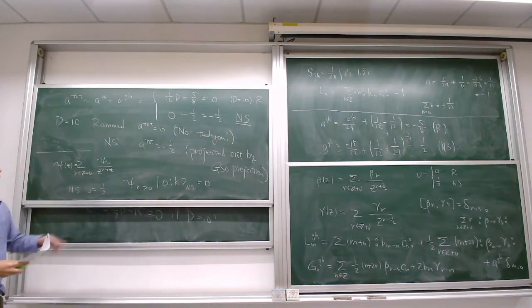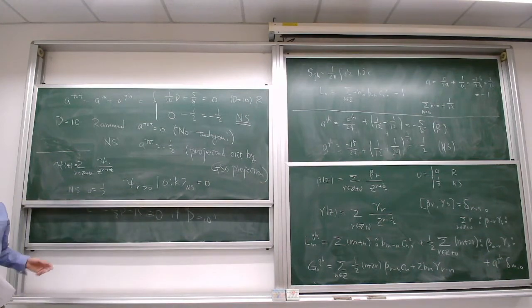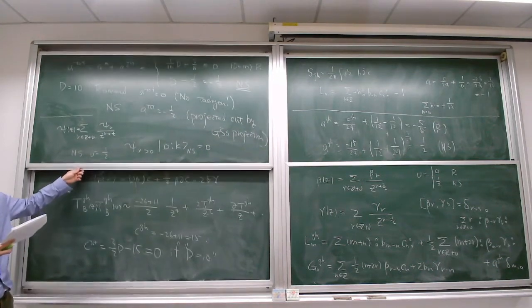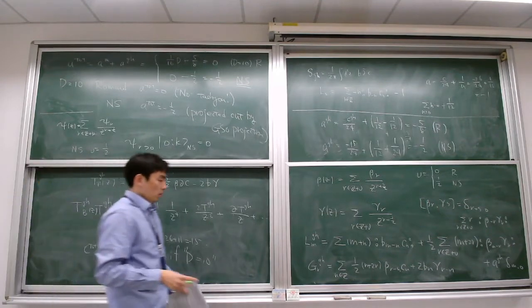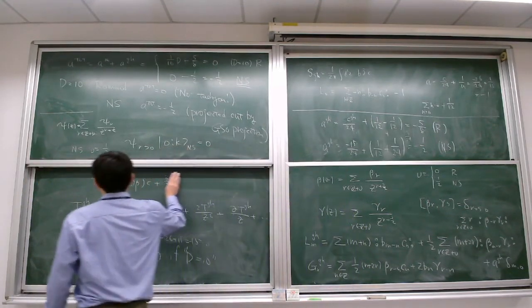This is the annihilation operator, which you can unambiguously define. However, for Ramond, you have a zero mode, so you have to be careful.